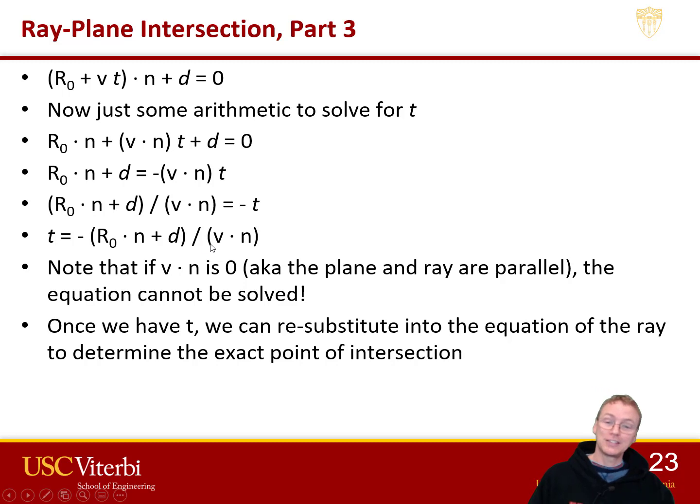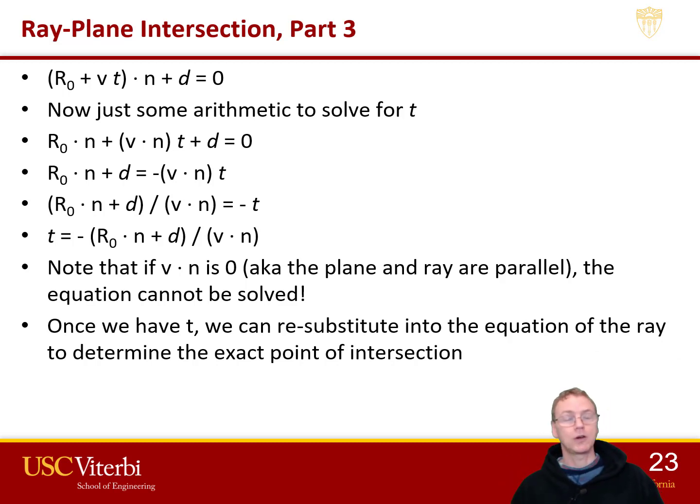If v dot n is not 0, then I've got my equation and I'm good to go. Assuming v dot n was not 0, then I have t. Now that I have t, I'd simply plug that back into my parametric ray equation, and I have the point back. I can get the point.